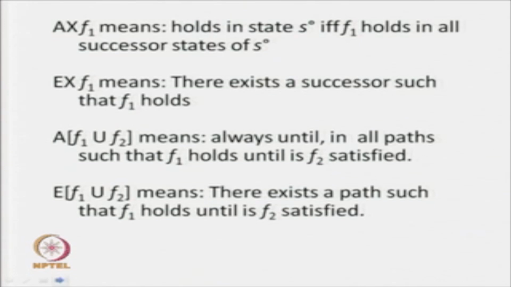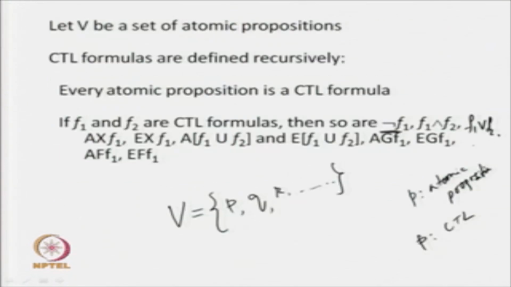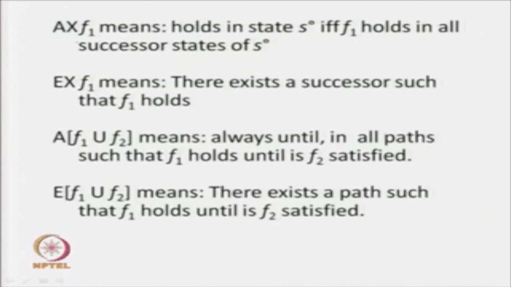So, what are the meanings now? If you look at these formulas, you will find that the meaning of the formulas with propositional connectives is very straightforward. Now, we will see the meaning of the temporal operators. One is AX F1. What does it mean? If we look at a particular state, it has several possibilities in the future. If in all those possibilities, in the next state, F1 holds, then we say that AX F1 holds at that particular state.